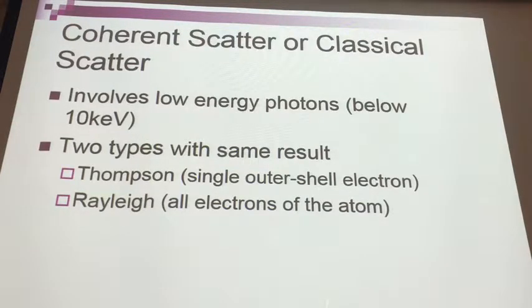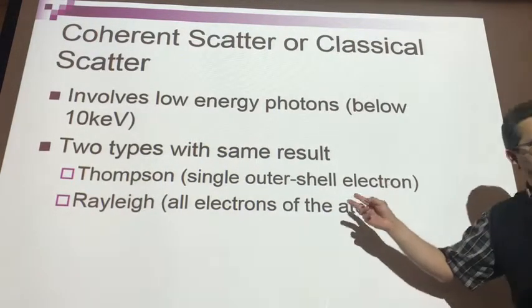It could be a problem in other areas. For example, bone densitometry or mammography might have a problem, but in diagnostic radiography, it really is not. Now, within coherent scattering you have two types.